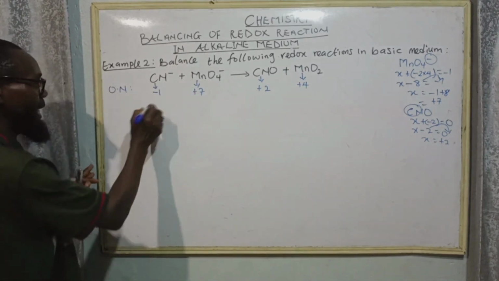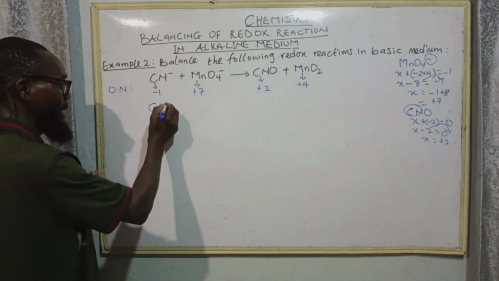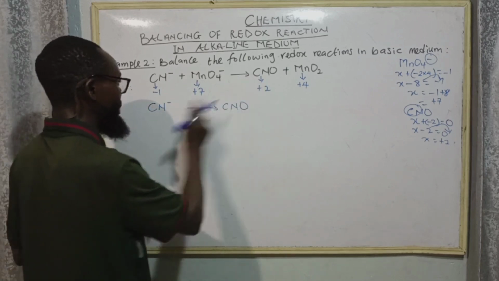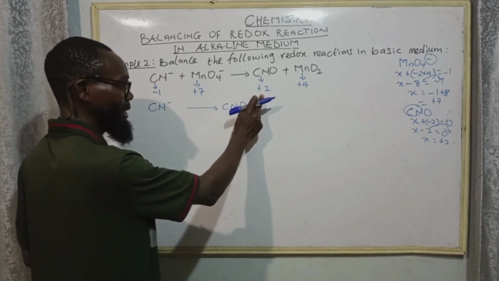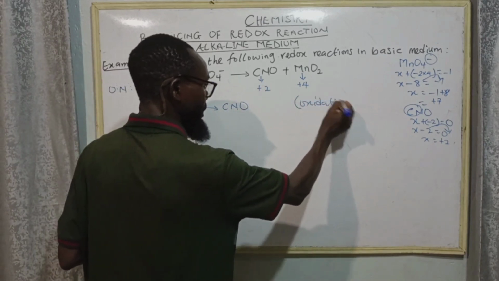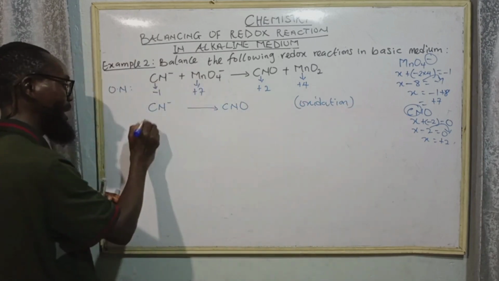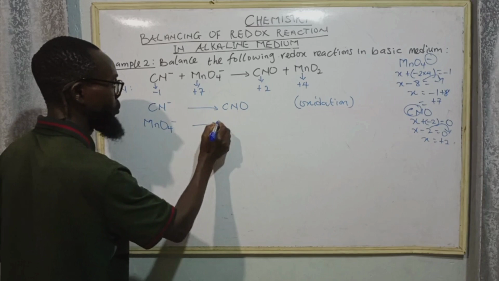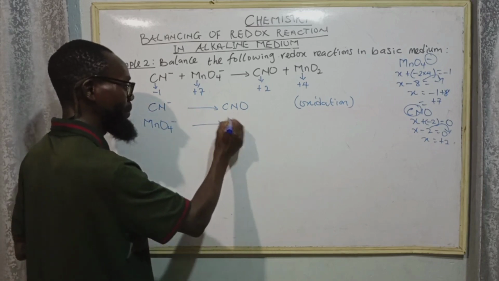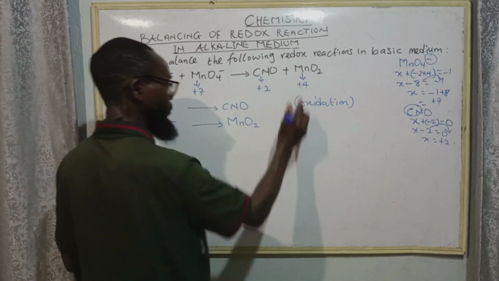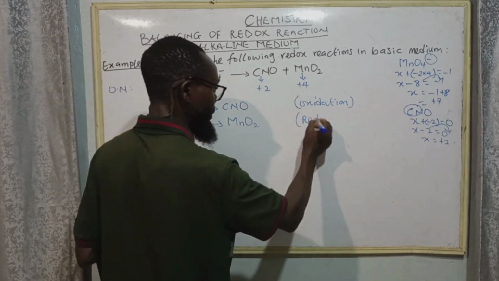Okay, CN minus moving to CNO, -1 to +2 is increasing, that is oxidation. While MnO4 minus moving to MnO2, that one is +7 to +4, that is reduction.